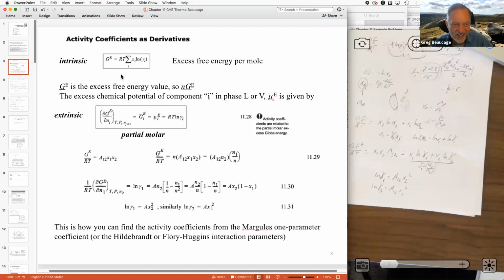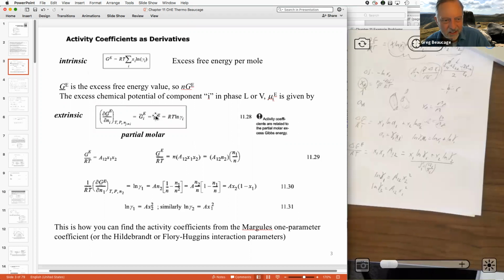Okay. So this is intrinsic and means per mole. That's the ones like in the steam table, although Gibbs isn't given there, but the enthalpy would be per mole. And this is extrinsic, meaning it's the actual value for the system for the amount of material that you have. So it's this times the number of moles in the system.